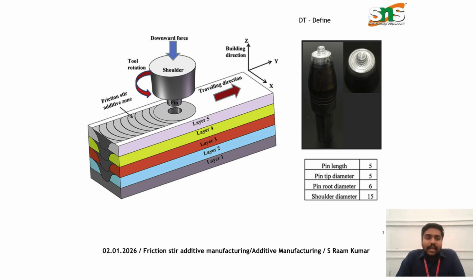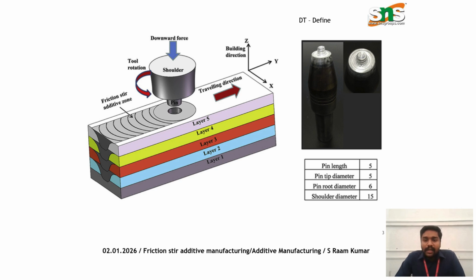So the friction will be generated in a layer by layer process, in which the rotating tool will be traveling along the y direction, and the force will be applied towards the negative direction of the z axis. And the third will be the z axis, based upon the layer, how much length and how much layer thickness can be modified by using this type of structure.